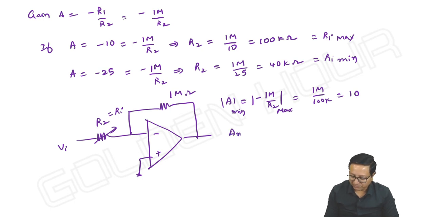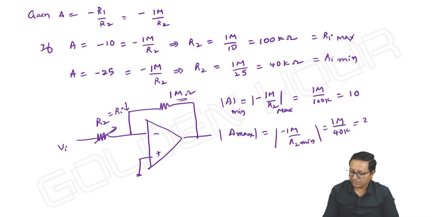Next, maximum you can see means by reducing Ri in the denominator, right? It is fixed. By reducing Ri to what level? Up to 40k. You can see the maximum gain. Maximum gain magnitude only I am taking 1 mega by R2 or Ri minimum. 1 mega by 40k, it gives us 25.